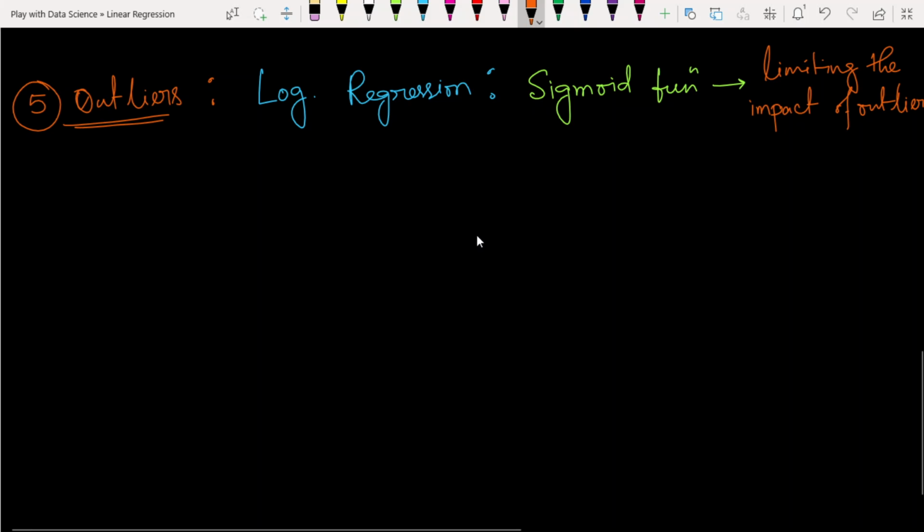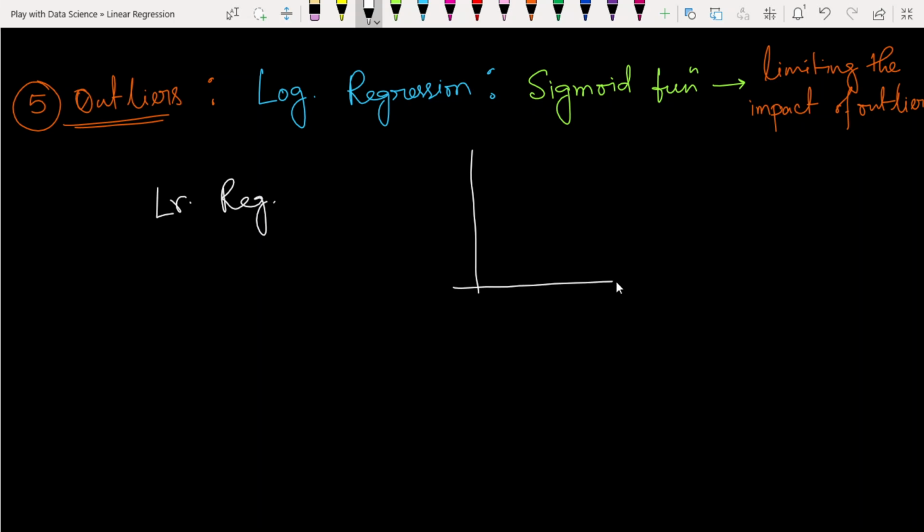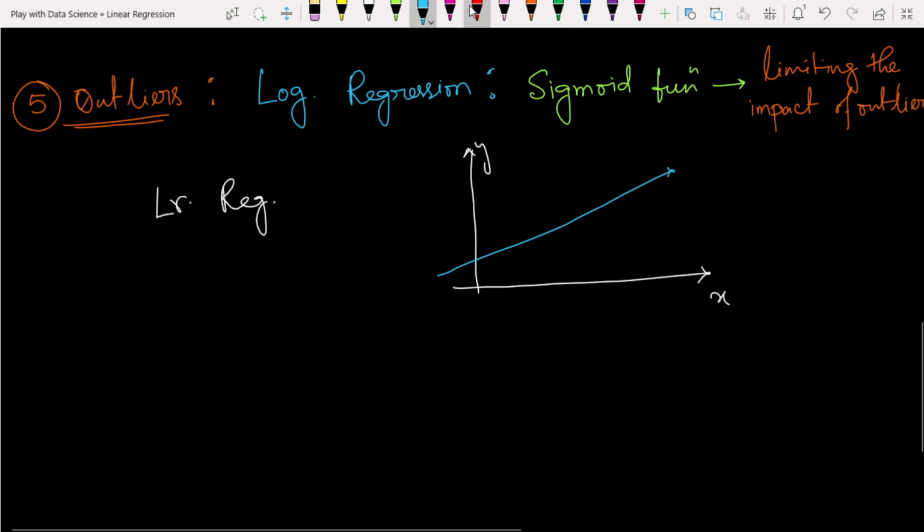Now in linear regression as well, there can be many outliers. Just draw the picture. That is our x, that is our y, and in the end we are finding the best fitted line or plane. If you have an outlier here, then we find its distance from our predicted value.